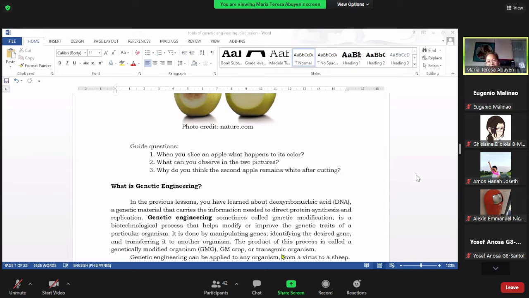So when we say transgenic organism, it simply means trans, meaning transfer of gene. Transgenic or transgene, transfer of gene. So if a certain gene is transferred to an organism, and that organism manifests the desired gene or the inserted gene, then you call the organism a transgenic organism.